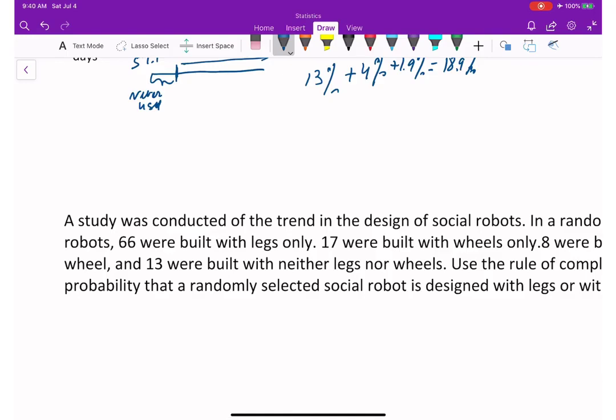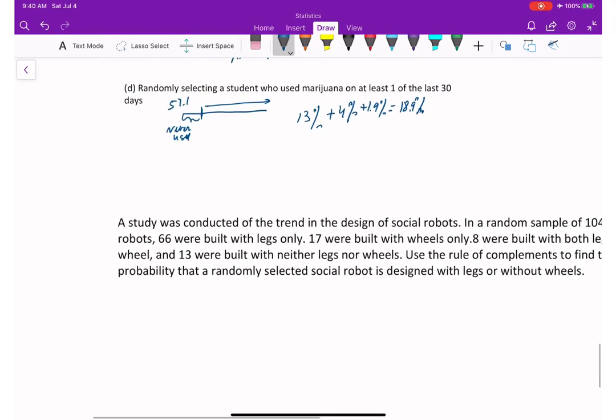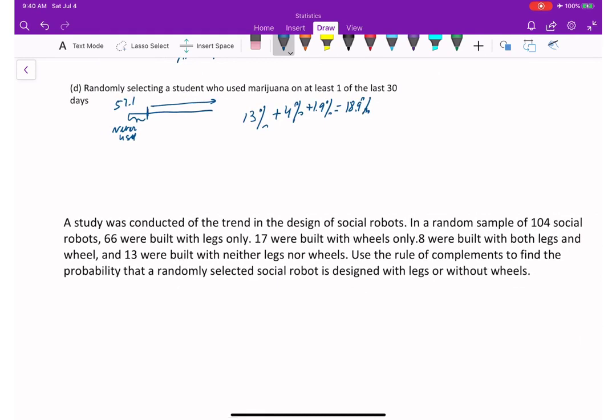A study was conducted of the trend in the design of social robots. In a random sample of 104 social robots, 66 were built with legs only, 17 were built with wheels only.